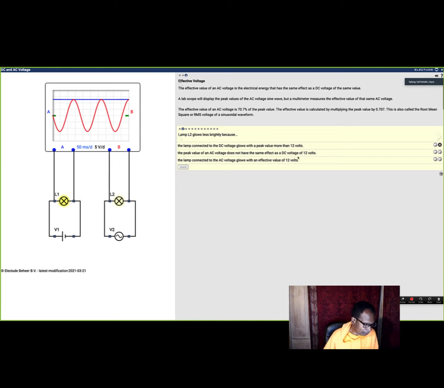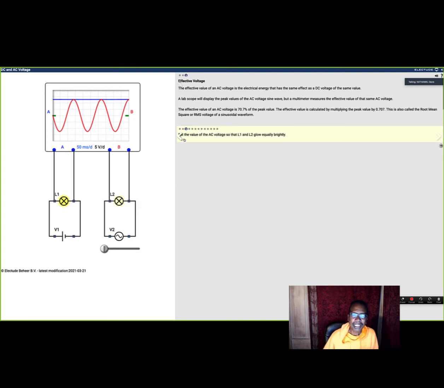True or false? True. The lamp connected to the AC voltage glows with an effective value of 12 volts. True or false? False. I think we pass. That's good.